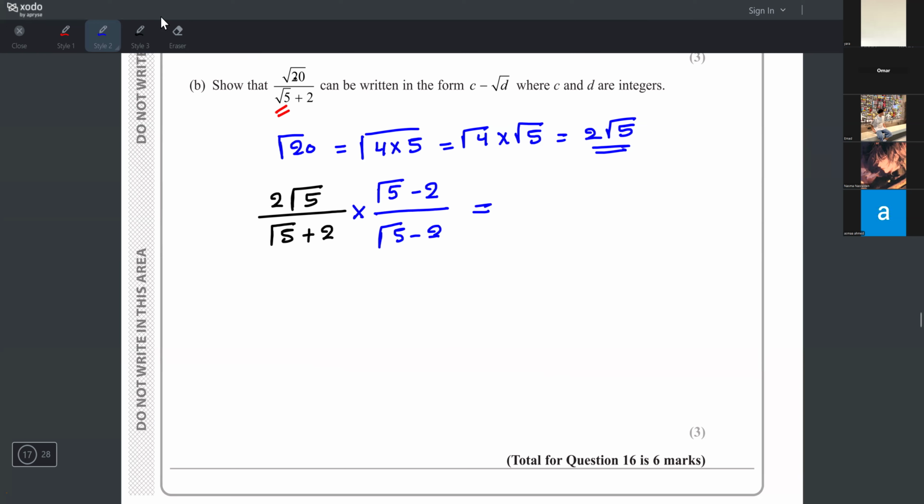Excellent, Nisma. Okay, do the multiplication. 2 root 5 multiplied by root 5 will be 2 times 5, which is 10. Minus 4 root 5.